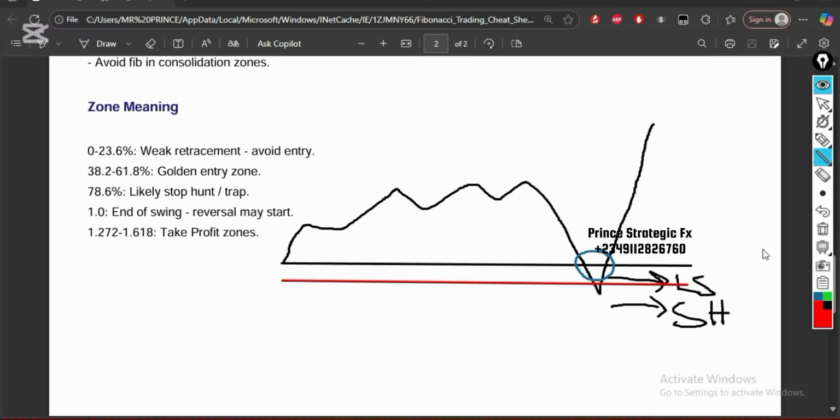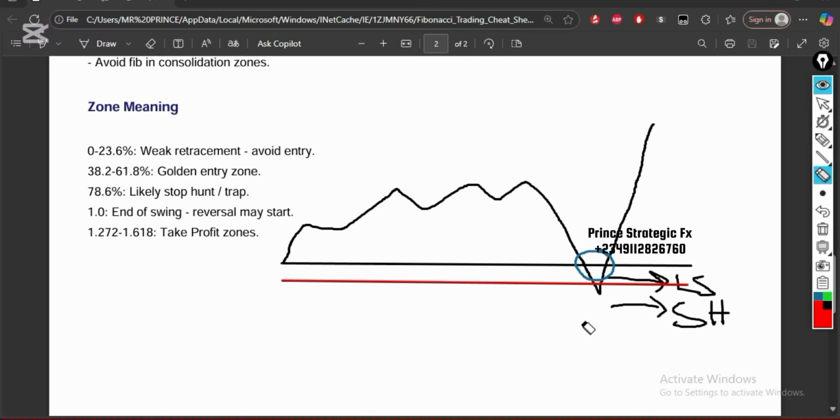But guess what? Price just came down, took you out, and started going up. This is called a liquidity sweep for SMC traders, and a stop hunt for price action traders, right?